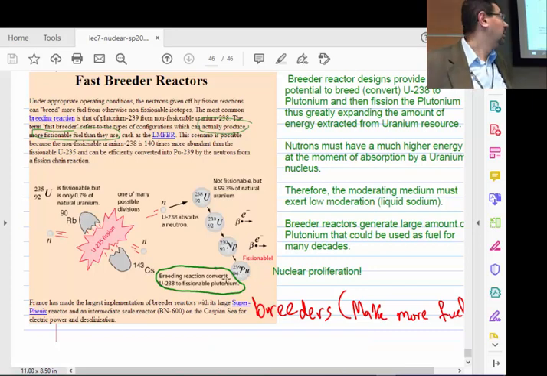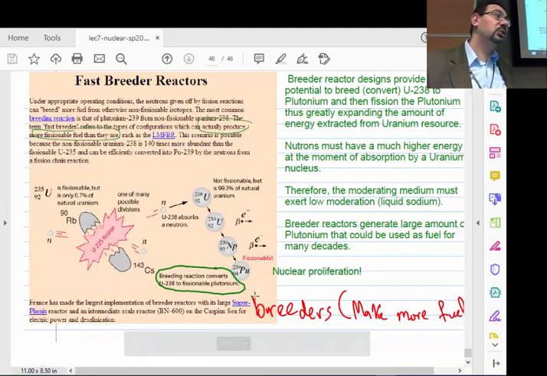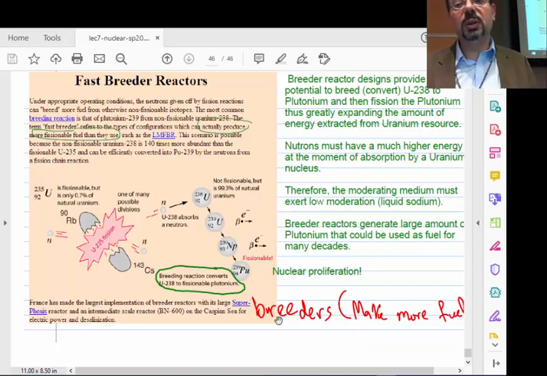Okay, so basically in a fast breeder reactor you are turning your 238 that's not fissionable into plutonium that is basically fuel for the next stage. So that is the appeal of the fast breeder.